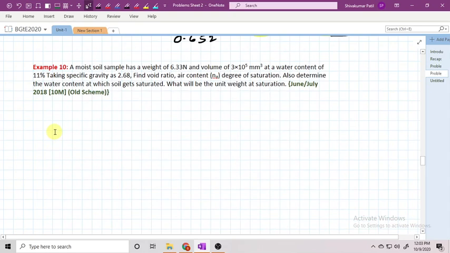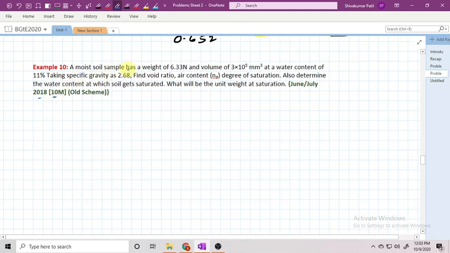Read out the problem. This was asked in 2018 for 10 marks.